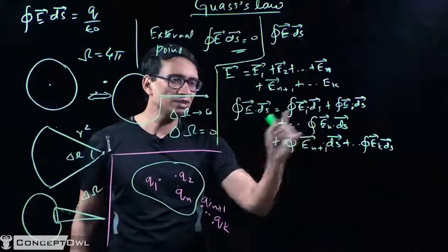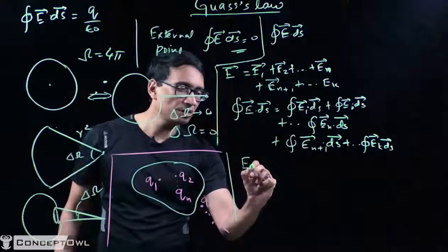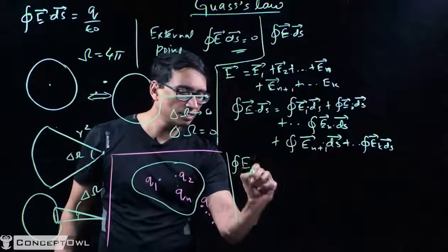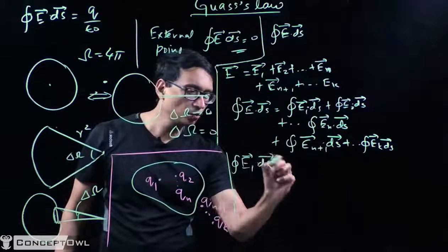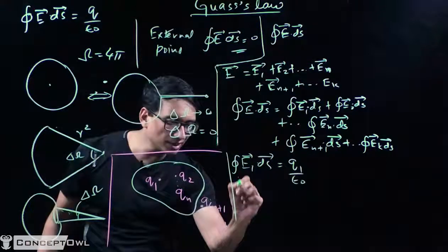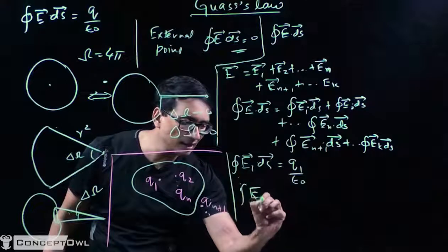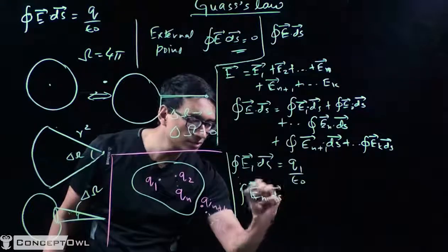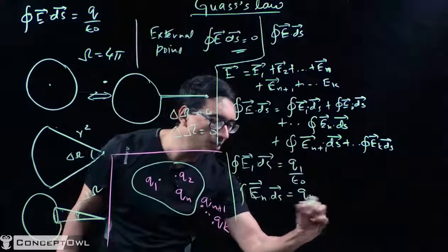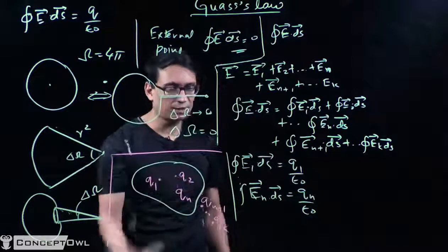So integral E1 dot ds would be nothing but Q1 upon epsilon naught. And similarly, integral En dot ds would be Qn upon epsilon naught. These are for all the charges inside.